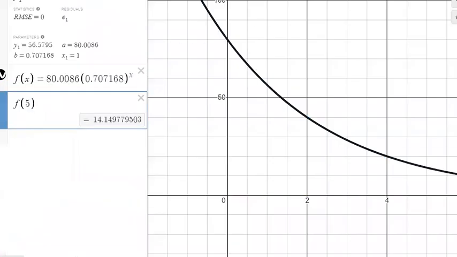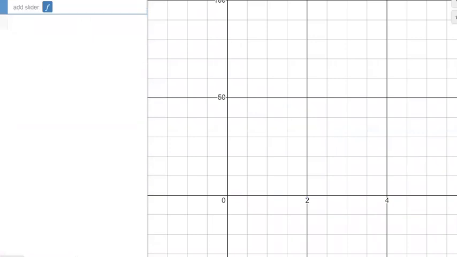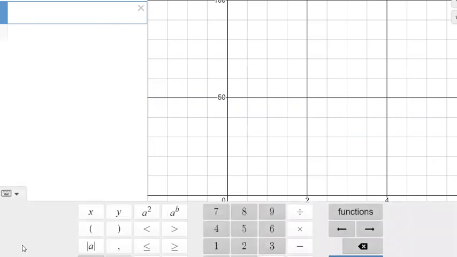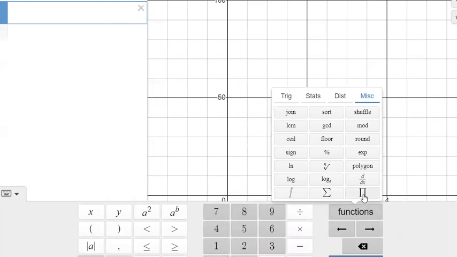So I'm going to go to Desmos and I'm going to type it in. First, I'm going to need the permutation formula. That's going to be under functions. And then if you go under functions to, I think it's stats, you'll see nPr at the bottom.